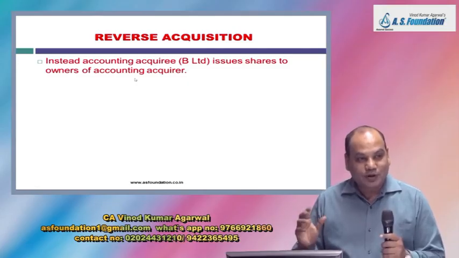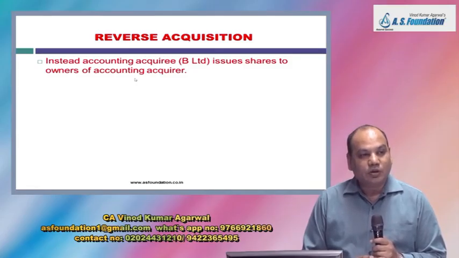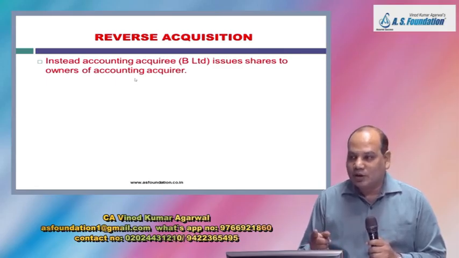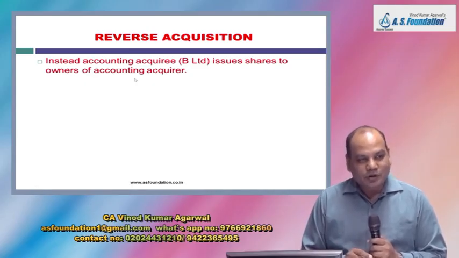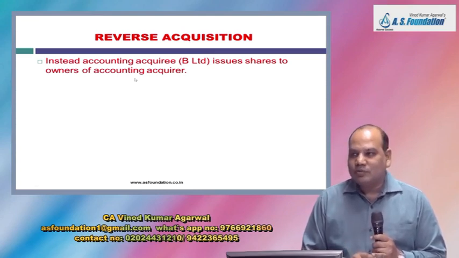So let us first visualize what we have done. A Limited is legal acquiree, but accounting acquirer. B Limited is legal acquirer, but accounting acquiree. Legal acquirer will issue shares.